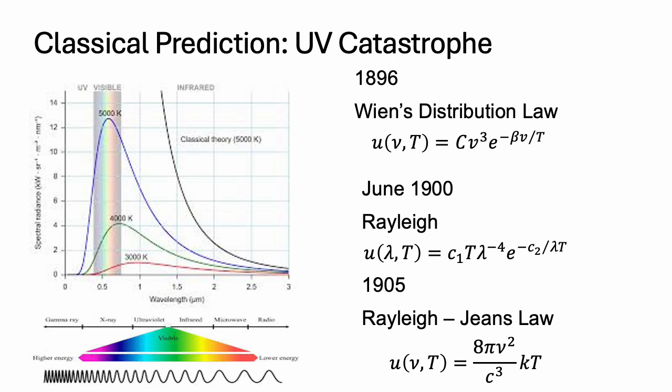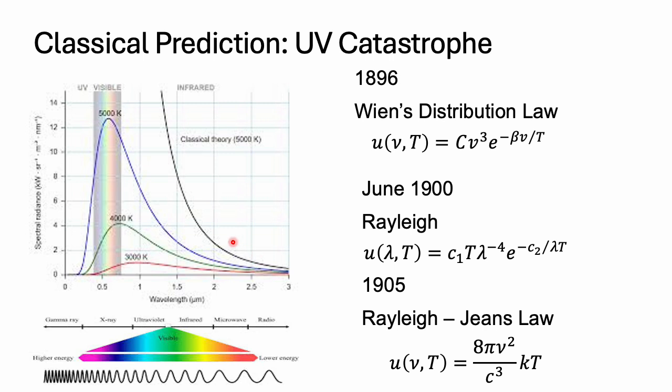So we have here the classical prediction. In classical physics, the Rayleigh-Jeans law predicted that as the wavelength of the emitted radiation decreased, we can see here the graph of wavelength versus spectral radiance, the intensity should increase indefinitely, as you can see here at the black line.